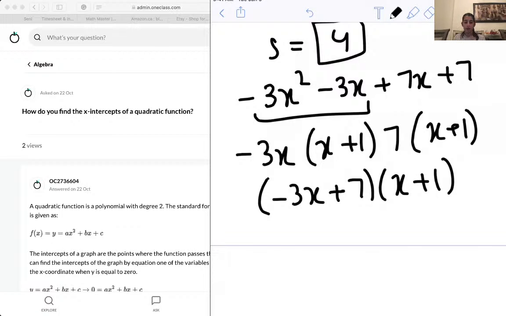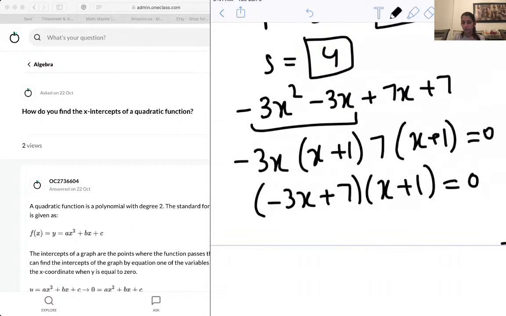Then you can find your x-intercepts because this whole equation is equal to 0. You can figure out your zeros by isolating them.